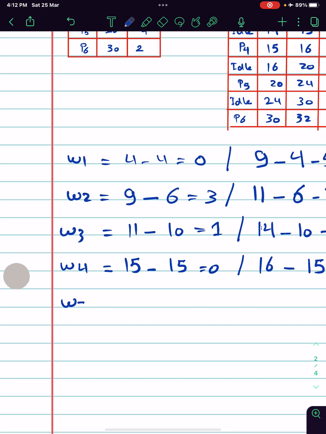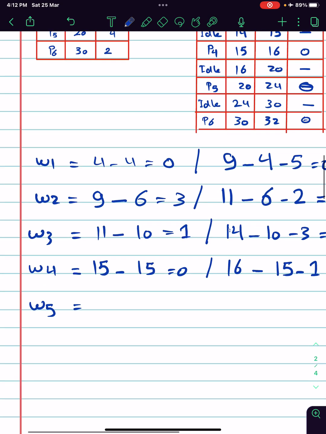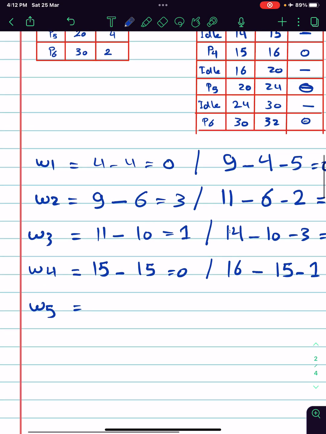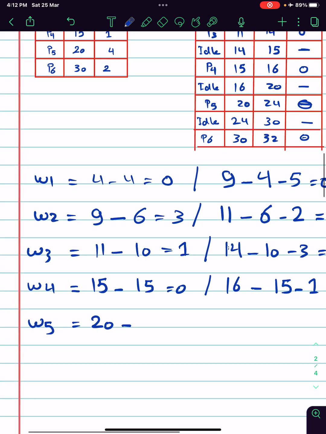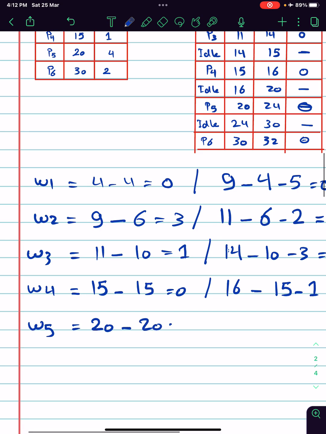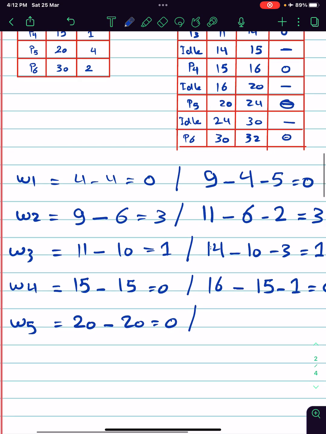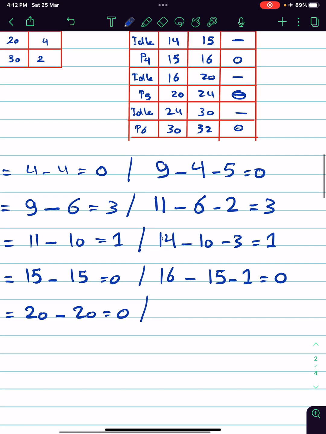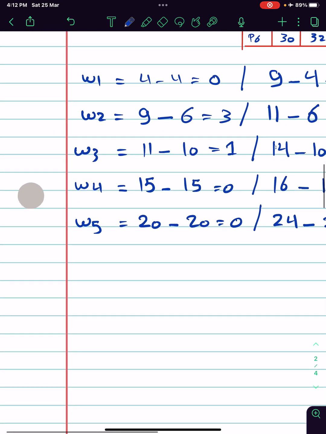Now waiting 5, first equation, it started at time 20 and it arrived at time 20, so the waiting is 0. Let's apply the other equation. It finished at time 24, arrived at time 20 with a burst of 4, that would also be a 0.